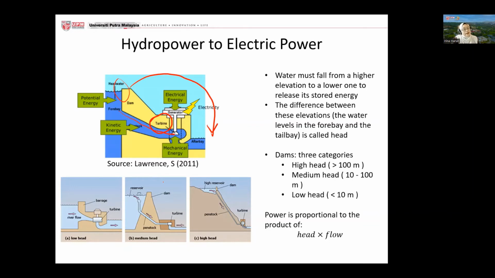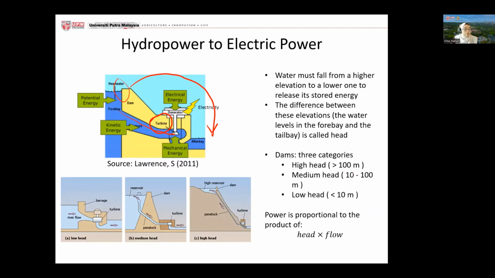So basically, there are 3 categories: high, medium, and low. And this is related to the head. When we say head, it is the difference between the elevations. So here, from here to here. That difference is called the head. High head means the difference is more than 100 meters.